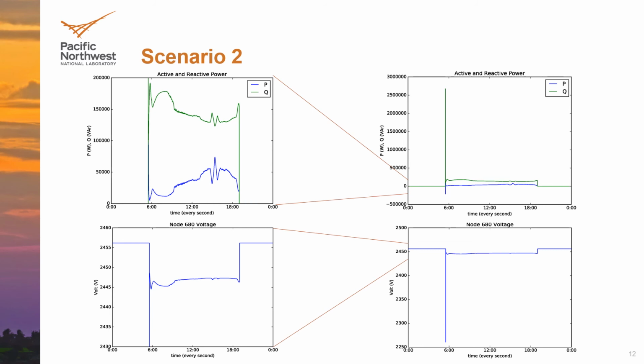Also, when we enter the occupied period, the shapes of the reactive power and active power are different. That means the power factor is also changing over time. And when we enter the steady mode, the change of the voltage is relatively small compared with scenario one. That's because when we consider interaction between the power grid and the building, the inertia smooths the rapid change of the voltage.